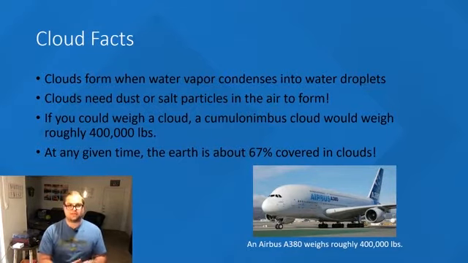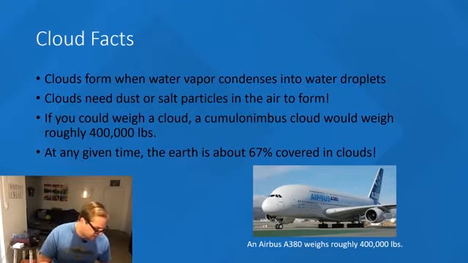And at any given time, 67% of the Earth is covered in clouds. So clouds are a huge deal and a huge driver when it comes to our weather. Let's learn about some of the different kinds that we can see and which ones are most common here in West Texas.